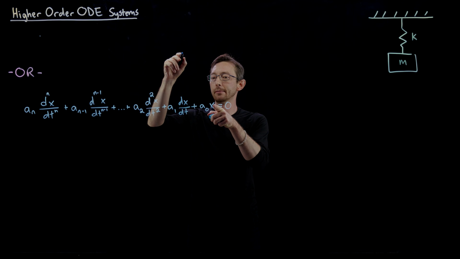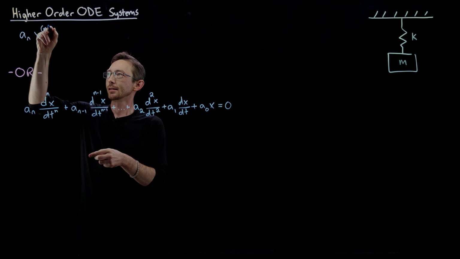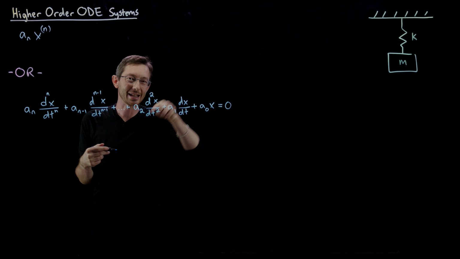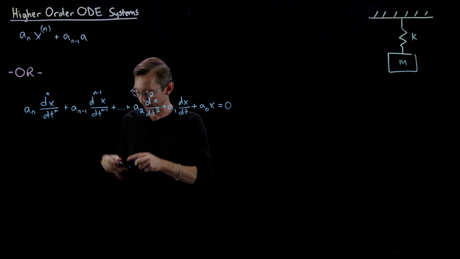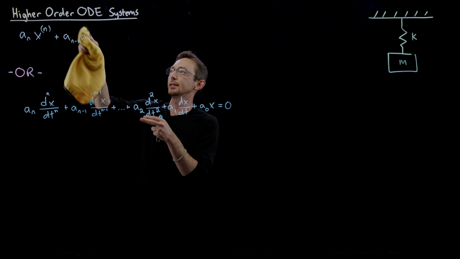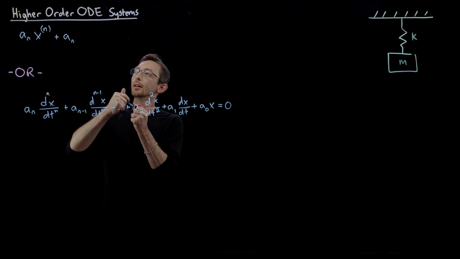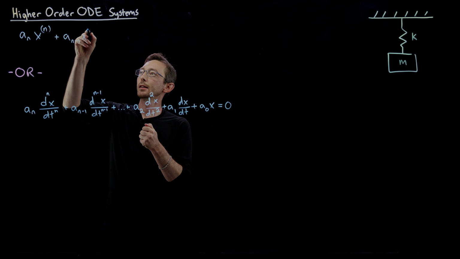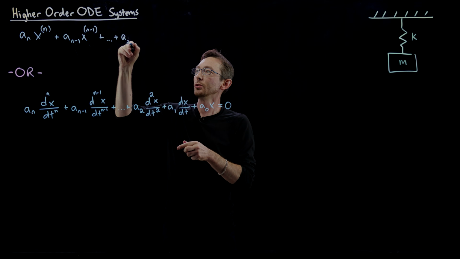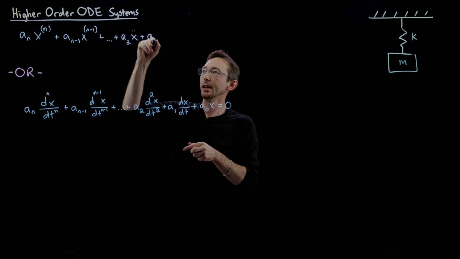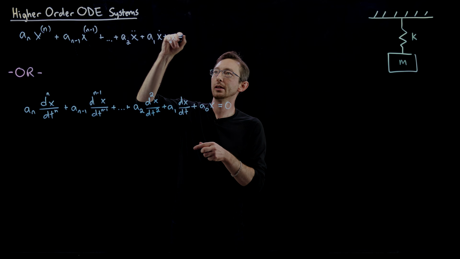I would write a_n times x in parentheses n, which usually means the nth time derivative, plus a_(n-1) times x, the (n-1)th time derivative, plus dot dot dot plus a2 x double dot plus a1 x dot plus x times a coefficient a0 equals 0.